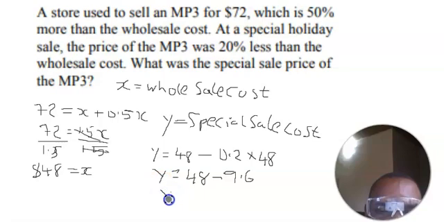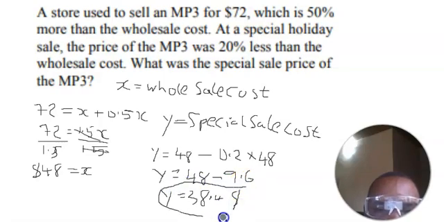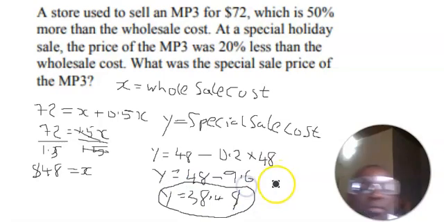So the special price is equal to $38.4. Let me write this properly so you see that. So this is 38 point 4. Alright, so this is our answer to this question.